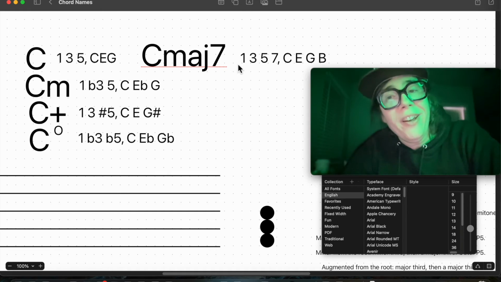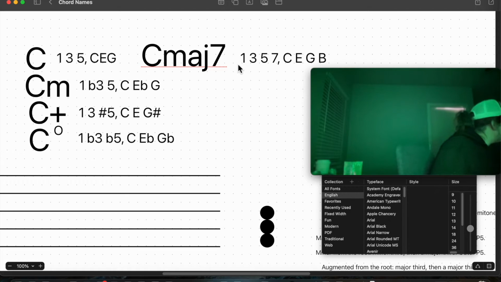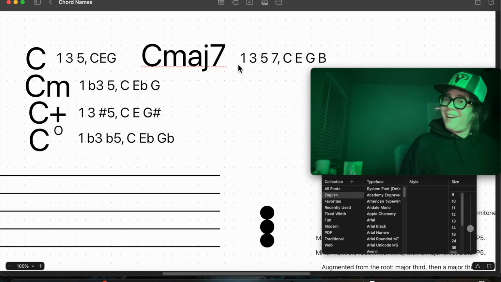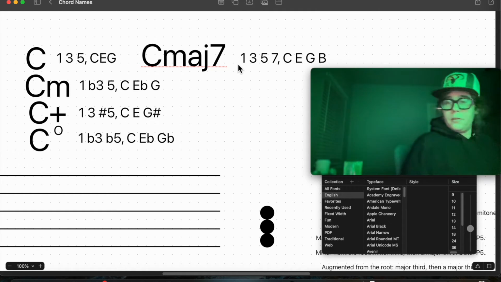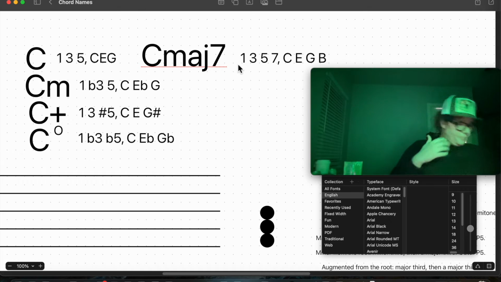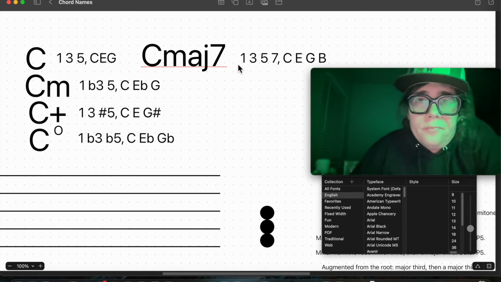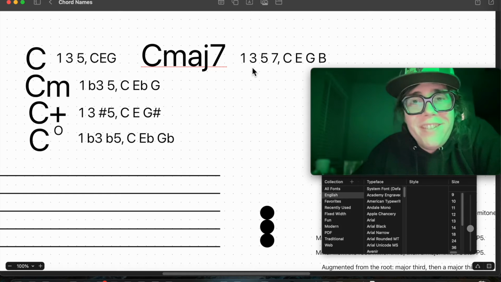I hope you can hear it because I'm turning the volume down. But this is C major triad. And then we add this B on top of it. Right? Sounds very jazzy, doesn't it?